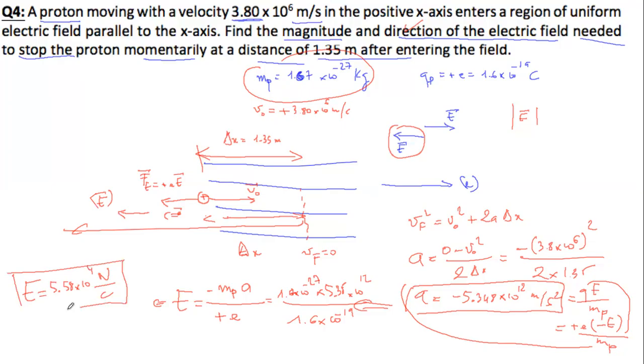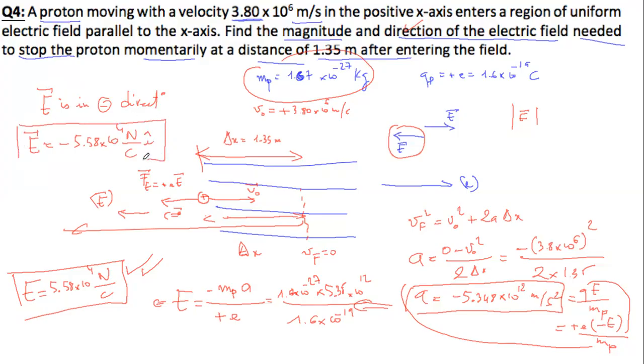So this is the magnitude. You do this, you get half of the points, and you say that the direction of E is in the negative direction. Meaning, if I write E in unit vector notation, E is equal to minus 5.58, or 5.60 to 3 significant figures, × 10^4 newtons per coulomb i-hat. This is the correct answer, and if we do this, we get 3 marks.